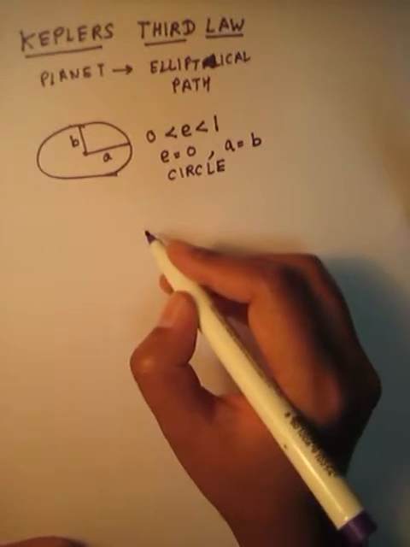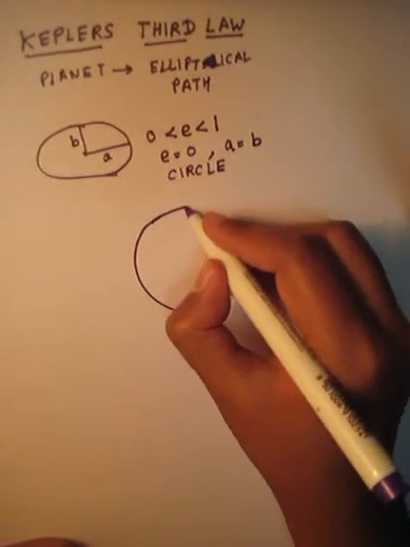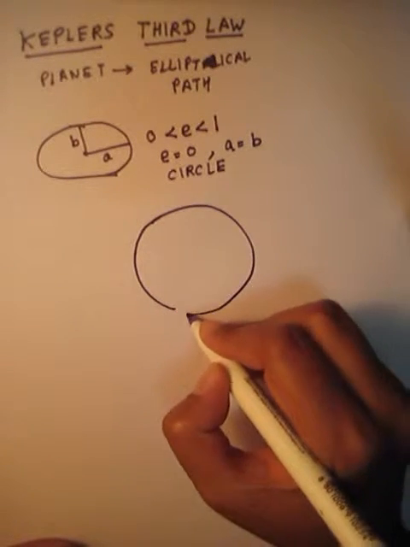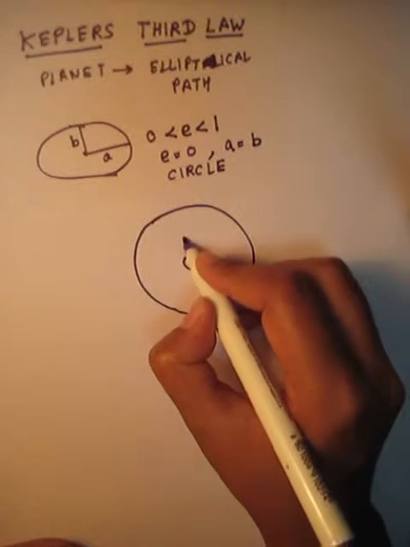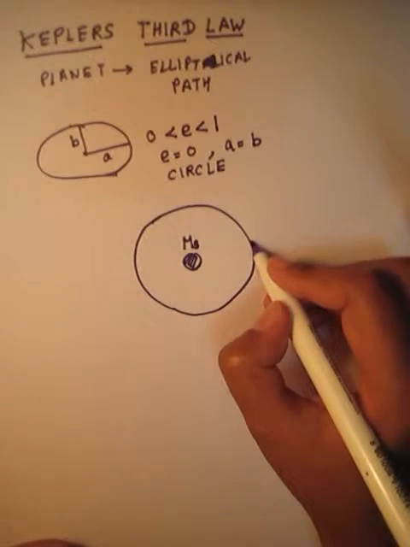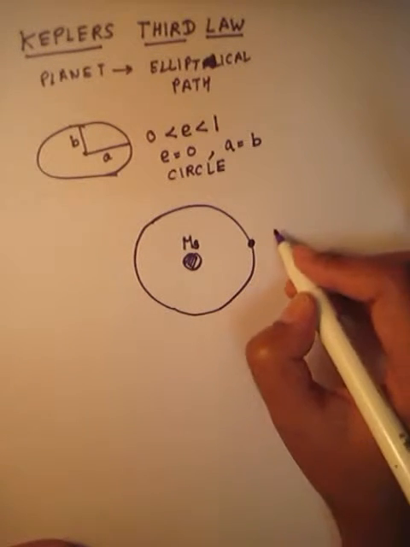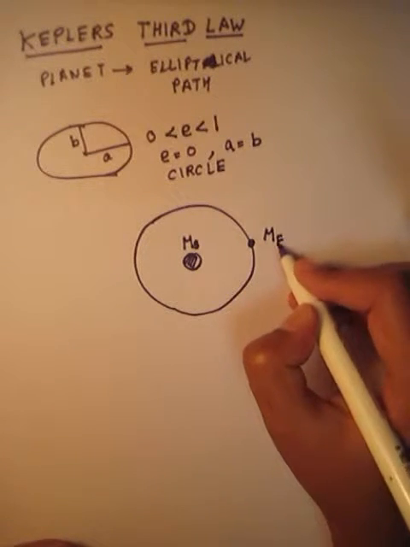Now suppose that a planet is moving around the sun in a circular path. Let us say the sun has a mass of ms, and the planet, let us say we're talking about Earth, has a mass of me.